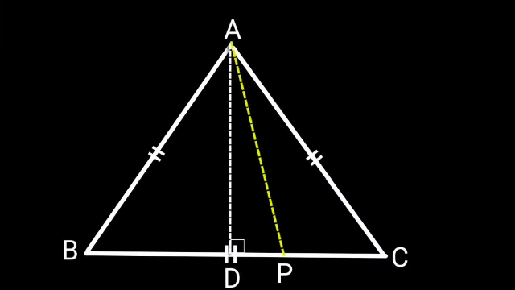In this example, triangle ABC is an equilateral triangle. Point P is on BC such that we are given PC is equal to 1/3 of BC.